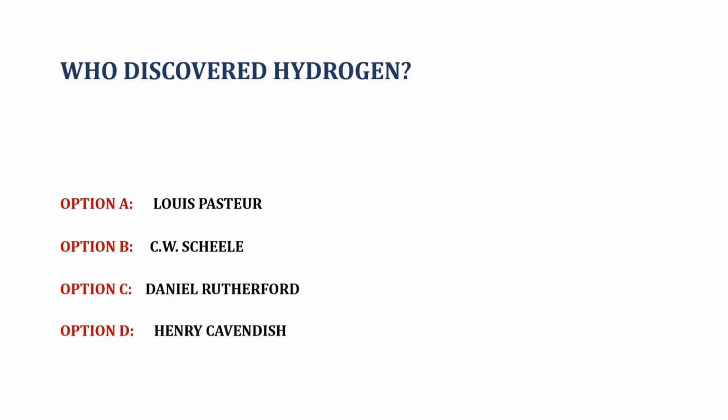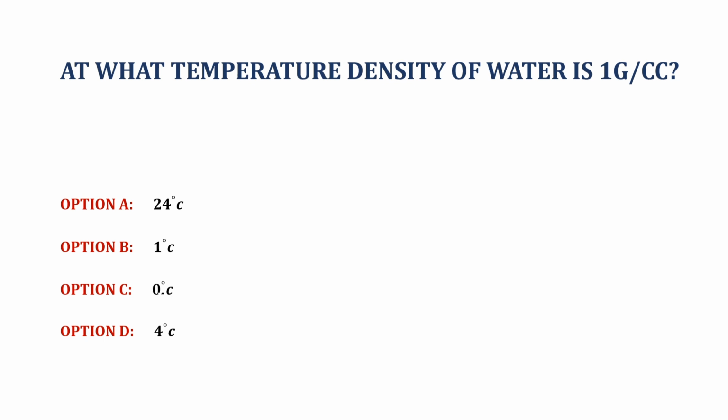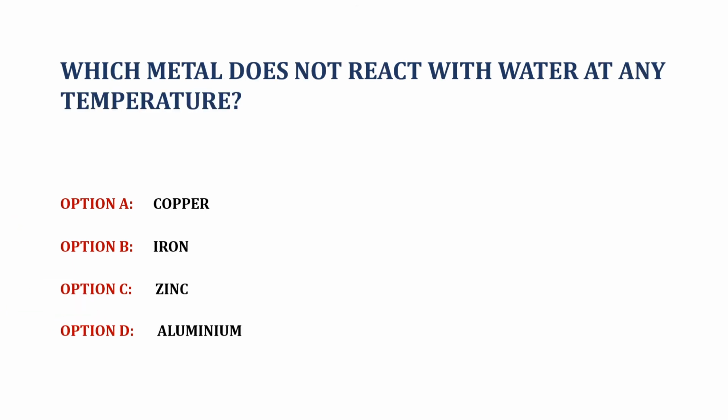Who discovered hydrogen? Option D, Henry Cavendish. At what temperature is the density of water 1 gram per cubic centimeter? Option D, 4 degrees Celsius. Which metal does not react with water at any temperature?